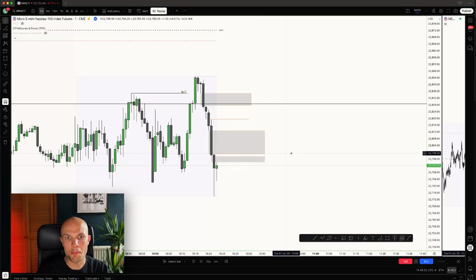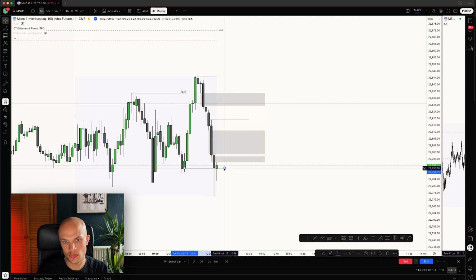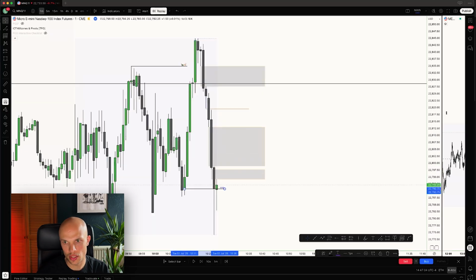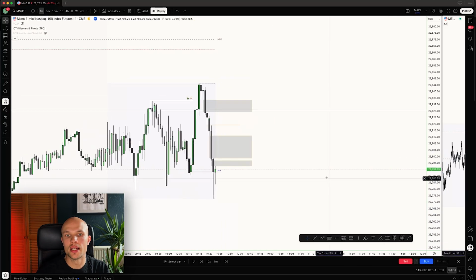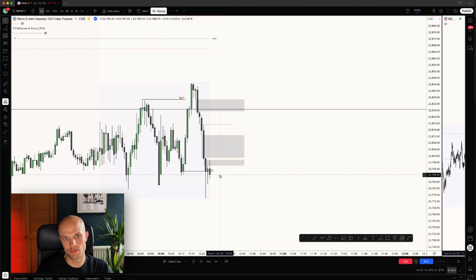So that for me is a major confluence that we want to go down. So there we have our change in the state of delivery, albeit very small, but it does close below. Now, I think I actually wait until this candle, there we go. So there's the close below.